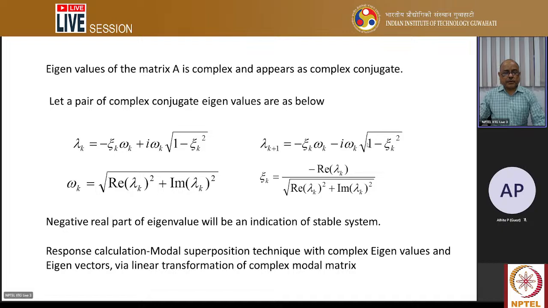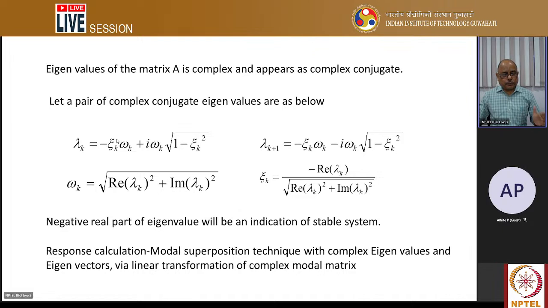So from this equation, it can be seen that omega k is nothing but the square root of real part of lambda k whole square plus imaginary part of lambda k whole square. Then the damping ratio is minus of the real part of lambda k divided by the square root of real lambda k whole square plus imaginary lambda k whole square. So the negative real part of the eigenvalue.